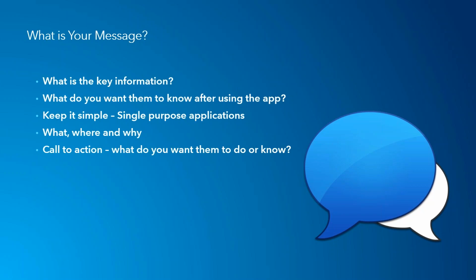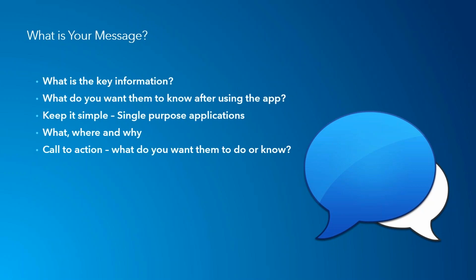Overall, keep it simple. Really think about single purpose applications, especially when you're communicating to the public. For example, if you're communicating shelter locations, don't also put in all kinds of polygons that would be confusing to them, but think about what you could put in there. If you're putting in shelter locations, maybe you want to put traffic on top of that map.